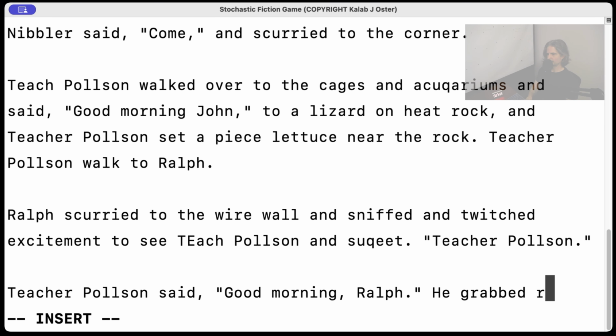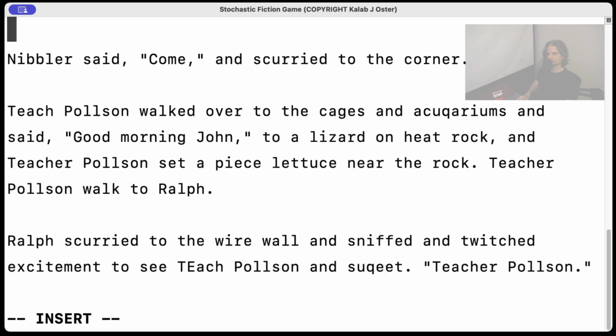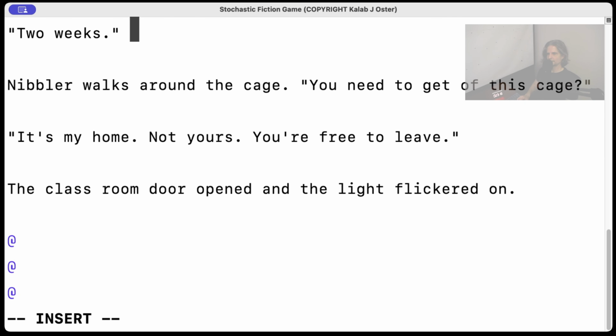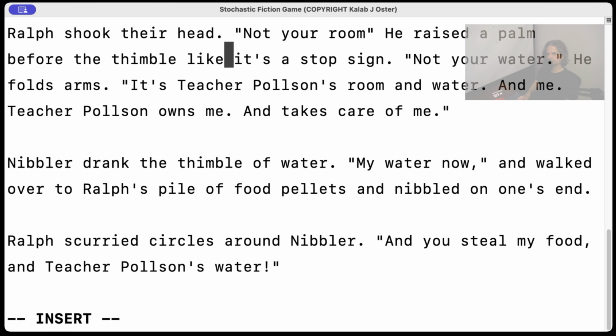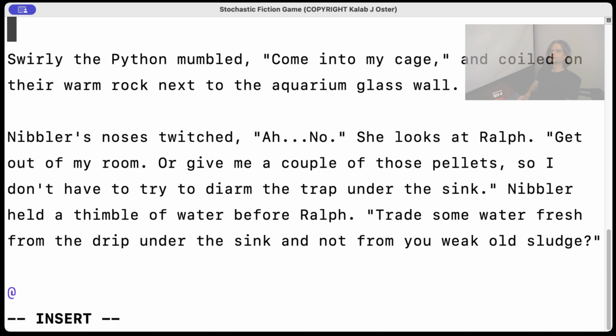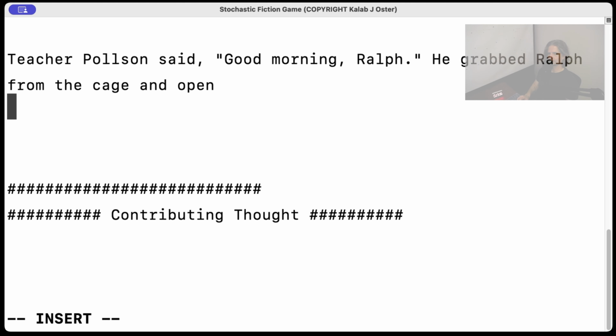He grabbed Ralph from the cage. What did I name the snake? Swirly.